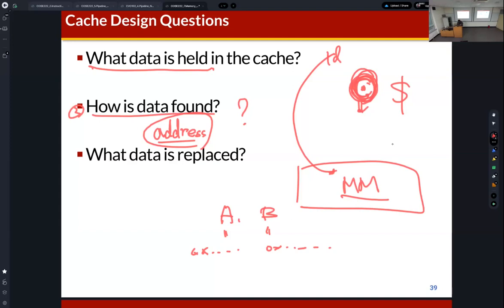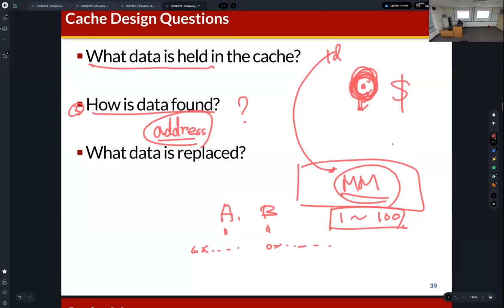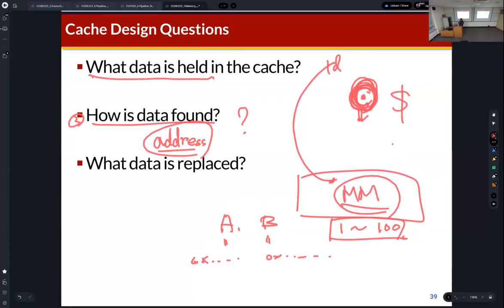There are many books, like book number 1 to book number 100, in the main memory. In the cache, we just store a smaller number of books. If there are 2 books in the cache, how can you identify them? Using the book number, like book number 10 or book number 25.